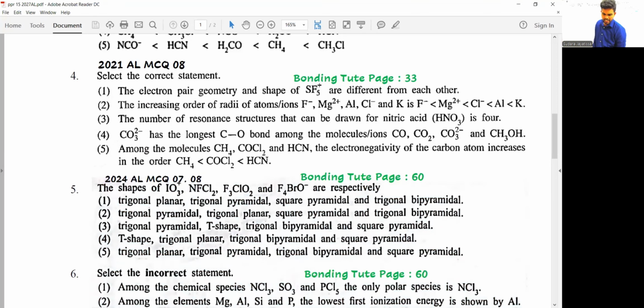Increasing order of the radii of atoms: F minus, then you have Mg2 plus, aluminium, and Cl minus. In this question, you don't have to find the proper order.